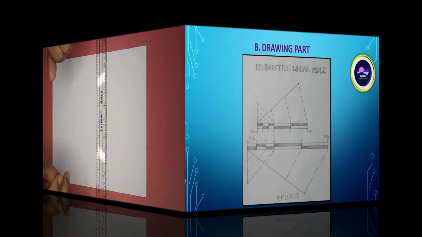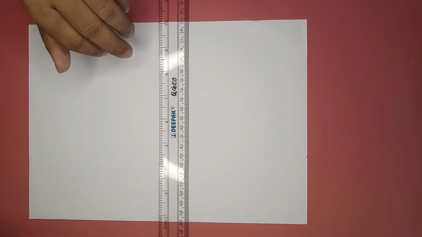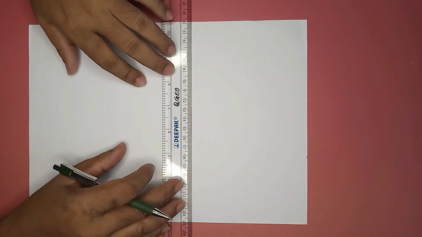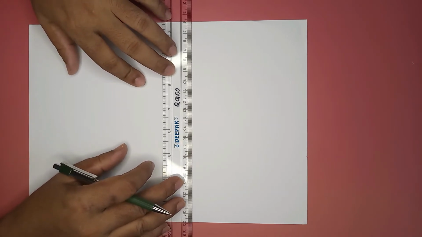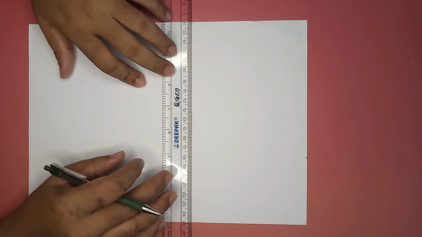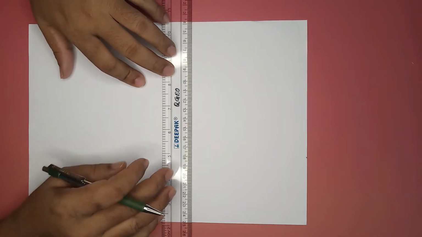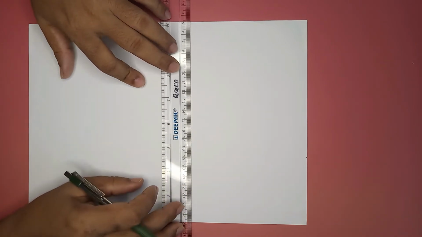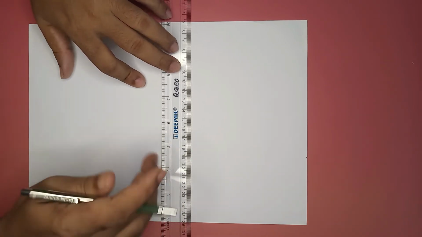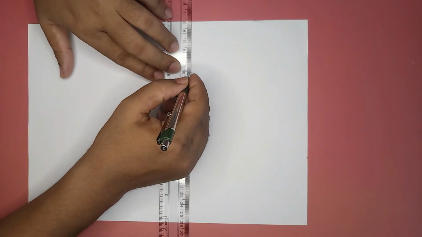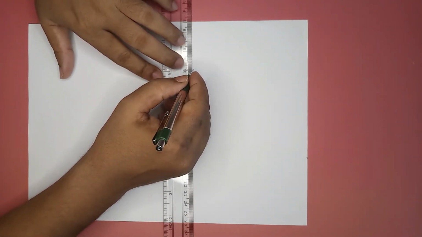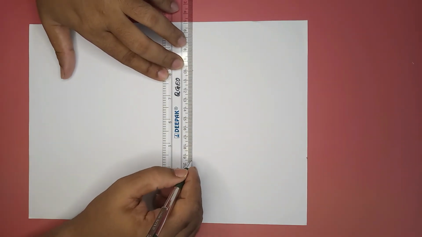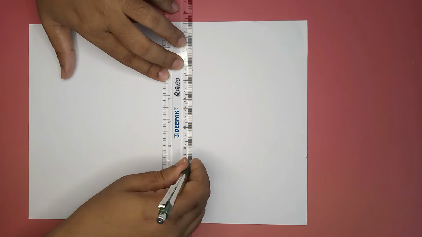Okay, draw a straight line along the center of the paper with 9.48 centimeter for the centimeter scale. Here 9.48, just taking from 10 to 19.48.